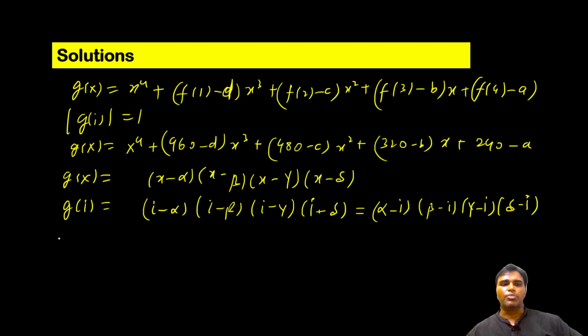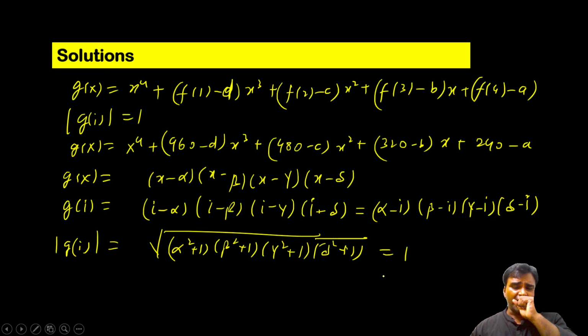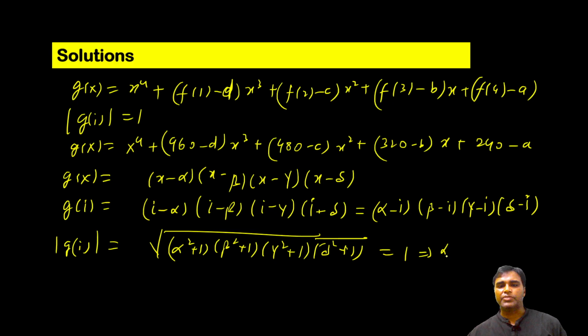Now let's take the modulus on both sides. You know the property of modulus? Alpha square plus 1, beta square plus 1, gamma square plus 1, delta square plus 1, right? And this value is coming as 1. Now you can see here, this expression is only satisfied when alpha, beta, gamma, delta are all equal to 0.